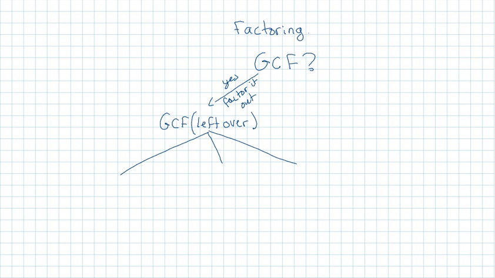Let's leave that till the end. The option that I want to start with is called difference of squares. If you have a binomial, so this is the leftover now, with squared terms and a minus between them.